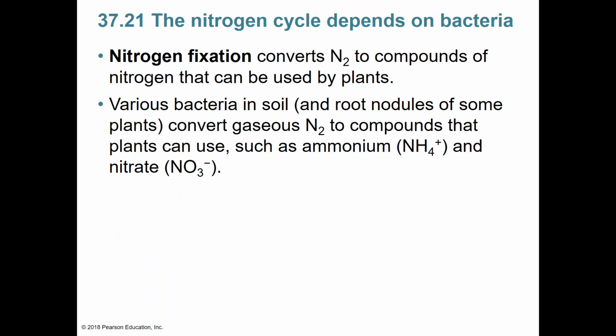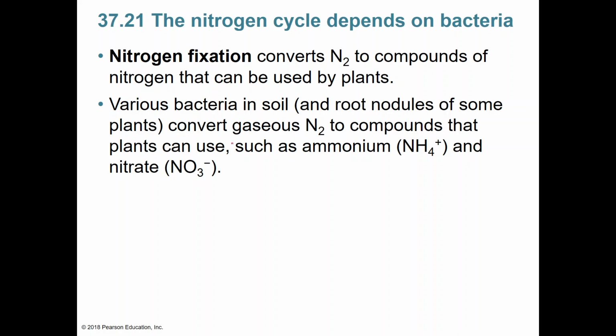So this term nitrogen fixation, as I mentioned, that N2 gas that's really, really happy in the atmosphere, because it's such a stable molecule, it's not very available to plants and organisms. So this idea of nitrogen fixation, it's the process of bacteria that can actually take that really stable molecule, and convert it into organic compounds that can then be used by plants.